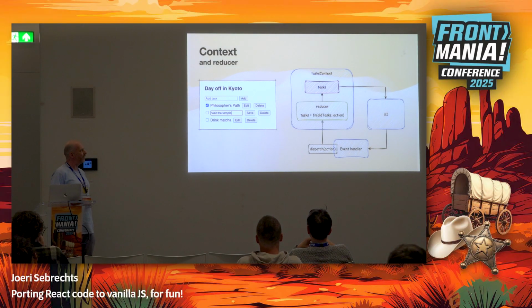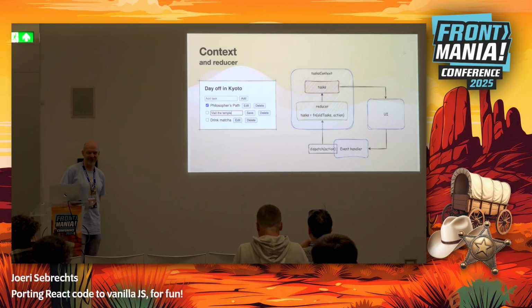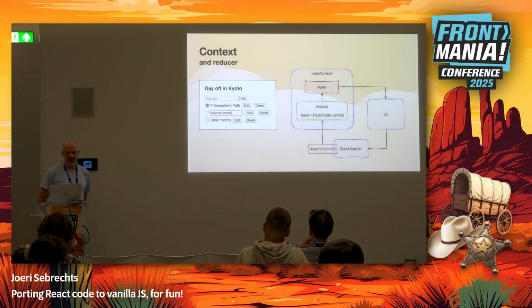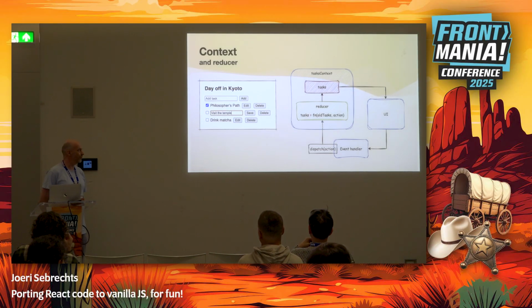So skipping all the way to the end of the React tutorial, the final example they gave of the glory of React is this application, a to-do application, because of course a to-do application is the best thing to demonstrate the glory of a framework, which is built around the concept of a context and a reducer, where the context sits high up in the component hierarchy. It contains all the tasks. The tasks, they get rendered into the UI of the application.